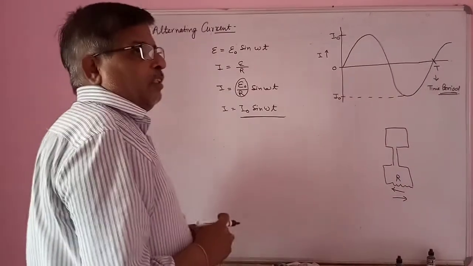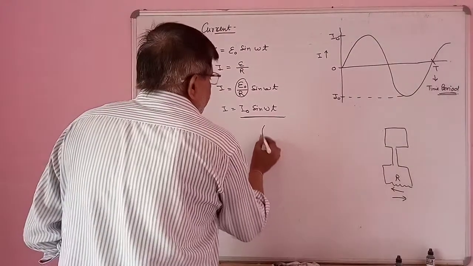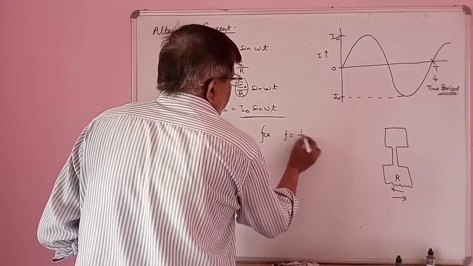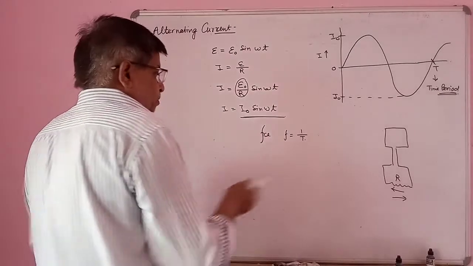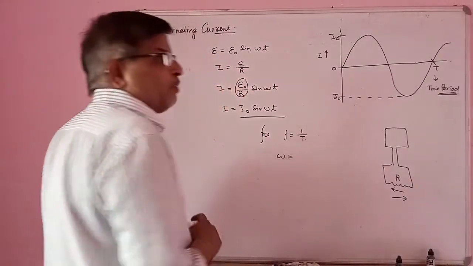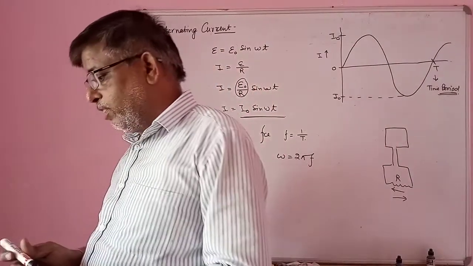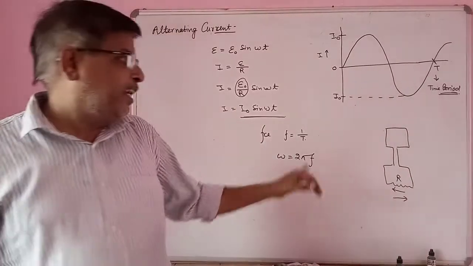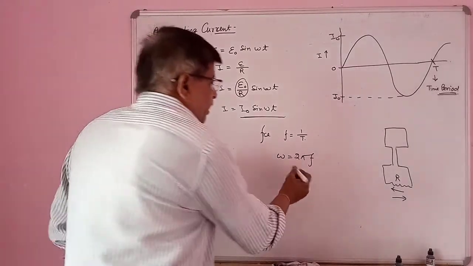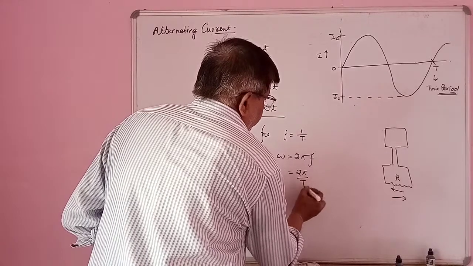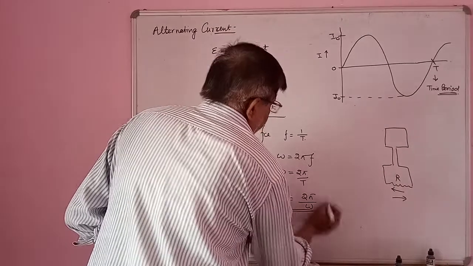Again, frequency f equals 1 upon T, and we know the relation omega equals 2 pi f. So from here we can write 2 pi upon T equals omega, and T equals 2 pi upon omega.